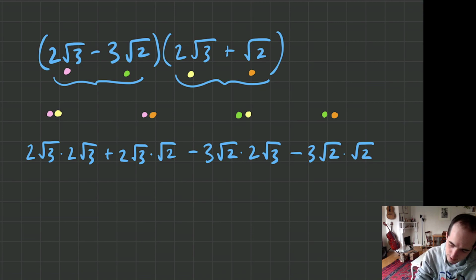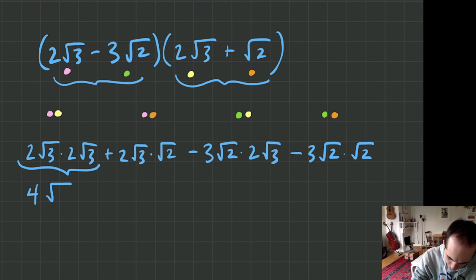Now I'm going to just simplify everything, and then maybe I'll get some like terms, maybe not, we'll see. So this purple yellow one, let's simplify that. 2 times 2 is 4, so I've got 4 times the square root of 9, and I'm going to clean that up later.